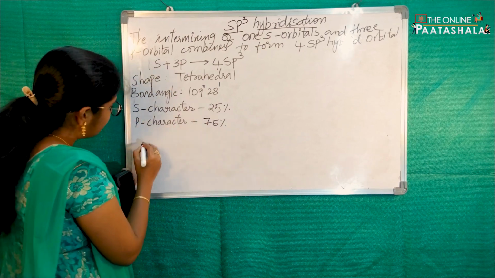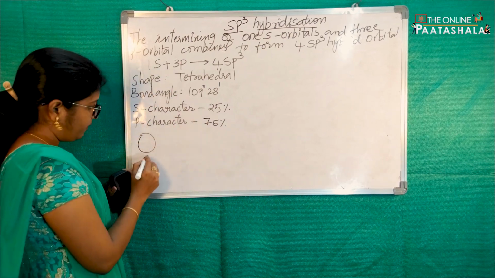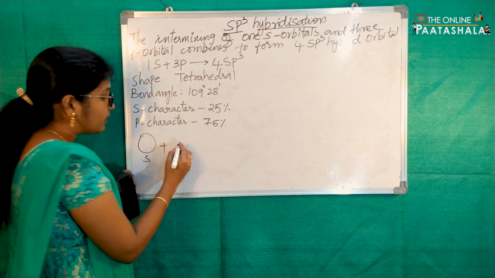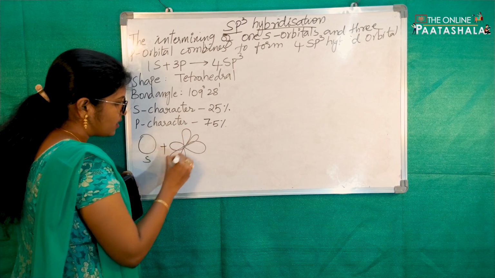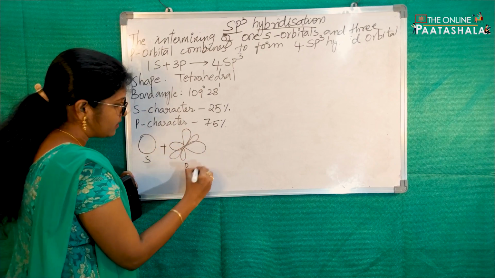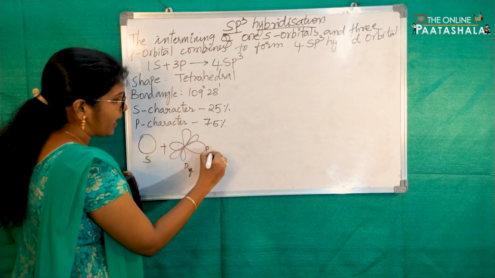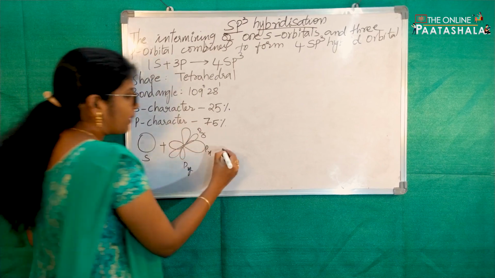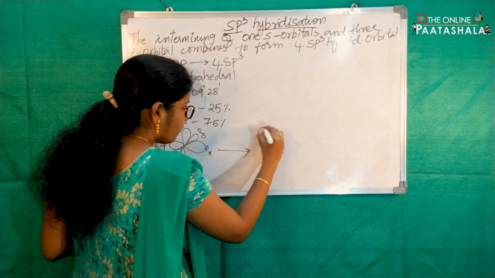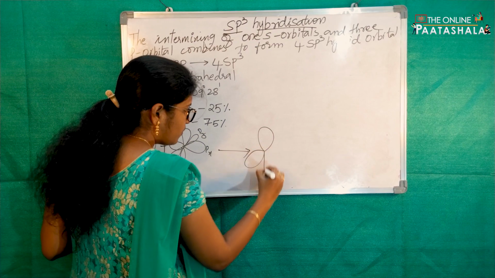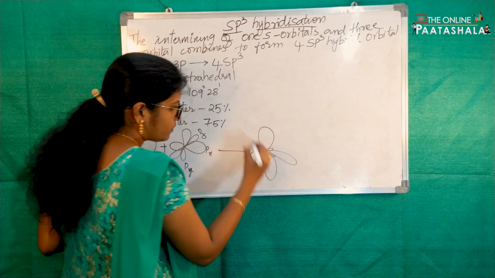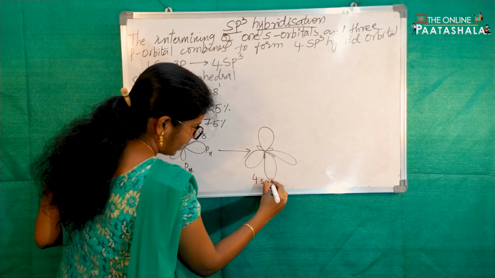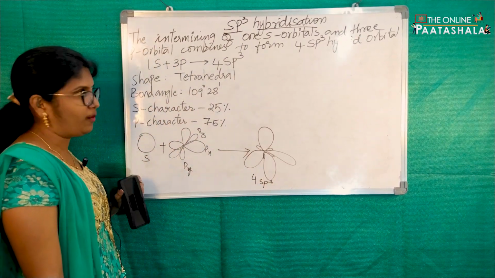Okay, now you take one s orbital and 3 p orbitals. 3 p of px, py and pz combine to form 4 sp3 hybrid orbitals.